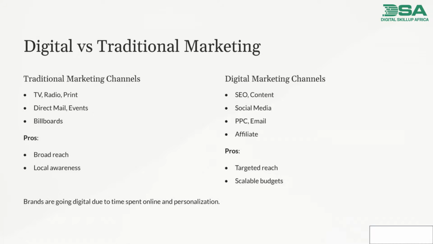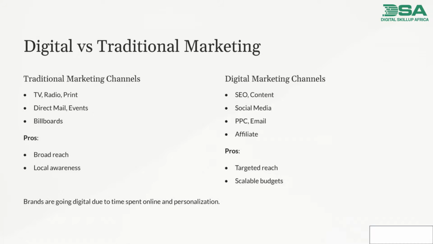Let's look at the pros of the traditional channels. One of the pros is broad reach, so it's great if you're running national campaigns on TV. With TV and radio, you can reach large audiences. Let's say you put a billboard on the highway, you are reaching a whole lot of people passing that highway.